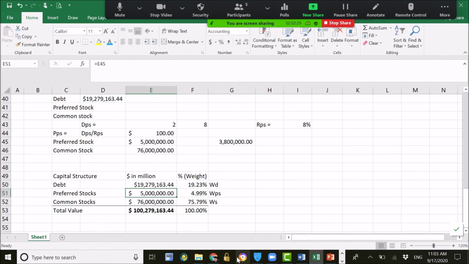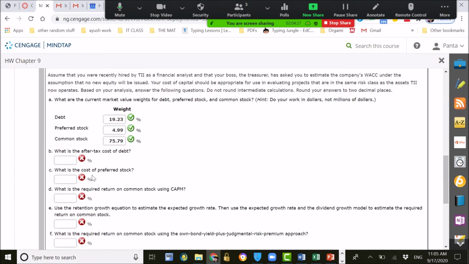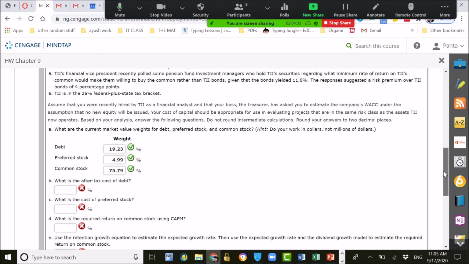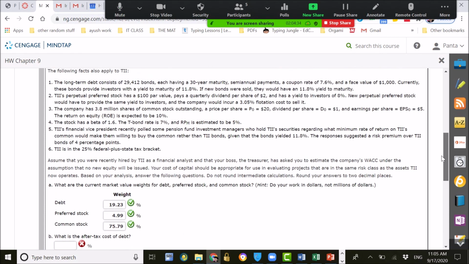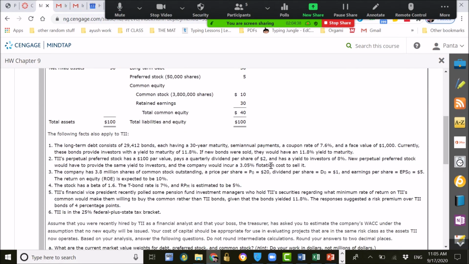Okay, let me share the screen. Now this one is right. So, the after-tax cost of debt. What is the after-tax cost of debt in this question? We have the cost of debt, 11.8%, right?